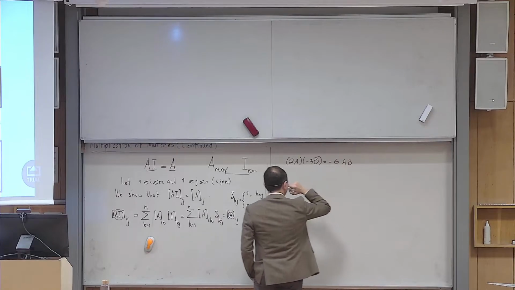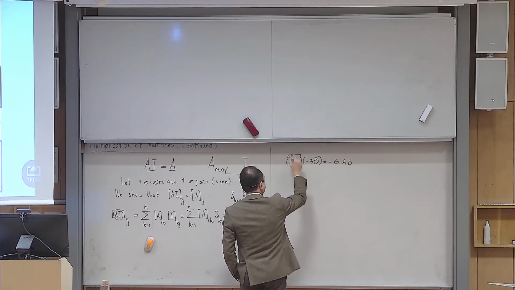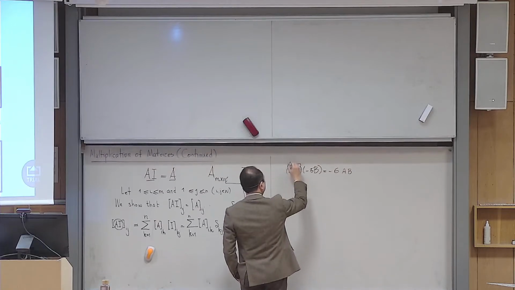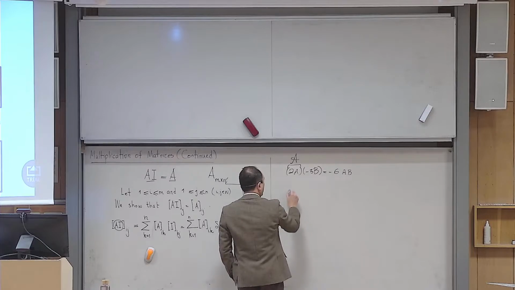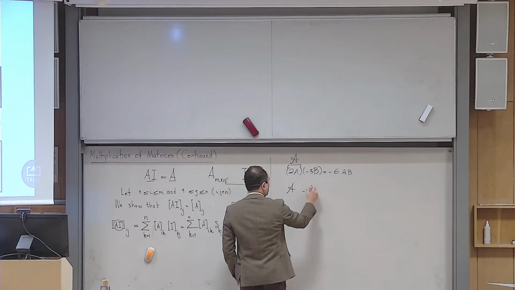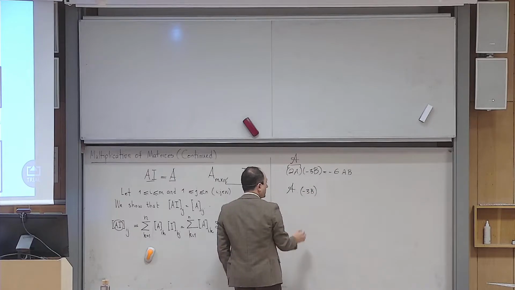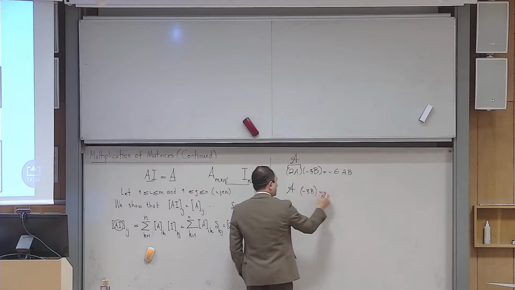Why is that? For example, you can consider 2A as a new matrix, and then you have minus 3B. So what do you have? You have this matrix A multiplied by minus 3B. But I just told you that a number can float around. So instead of putting minus 3 here, I can pull it out and put it here.